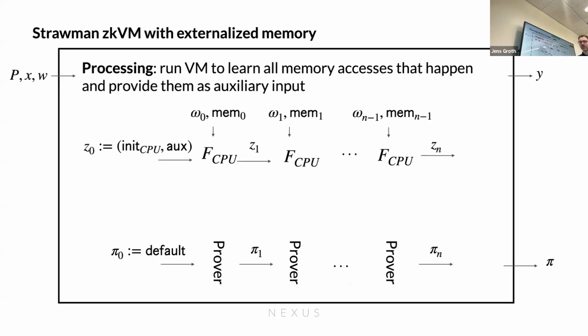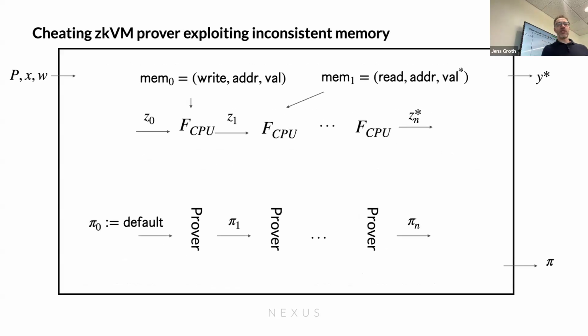Okay, so if you plug that into an incremental verifiable computation, it looks something like this: you have the various memory accesses that we now give as auxiliary input to the CPU. It produces an output, it produces a proof, and everything is great, except you can fool the system. The problem is that a malicious zkVM might simply cheat with these memory accesses.